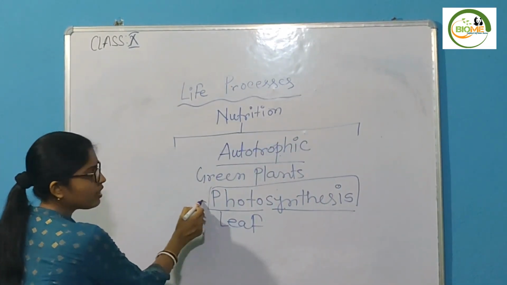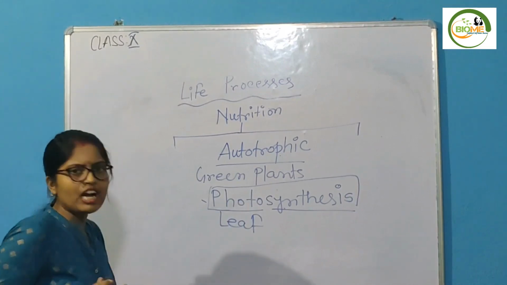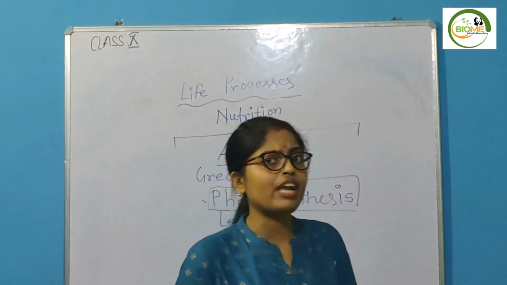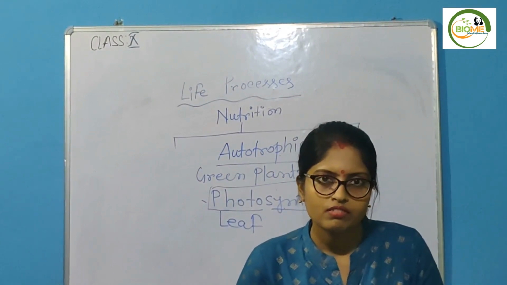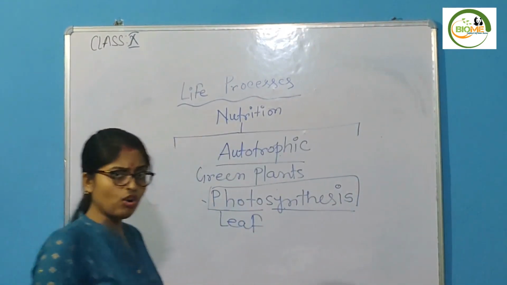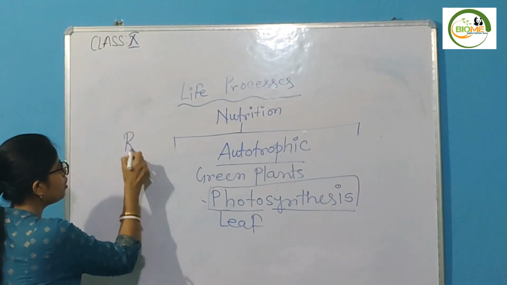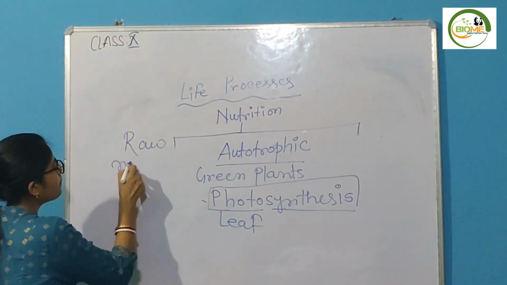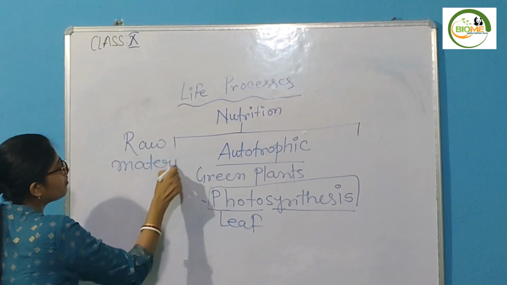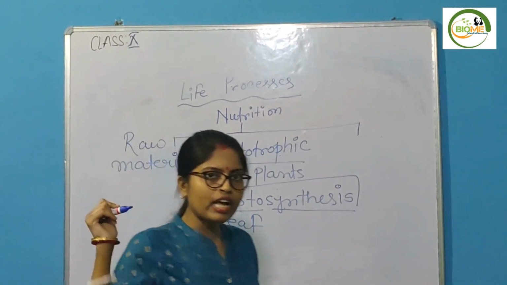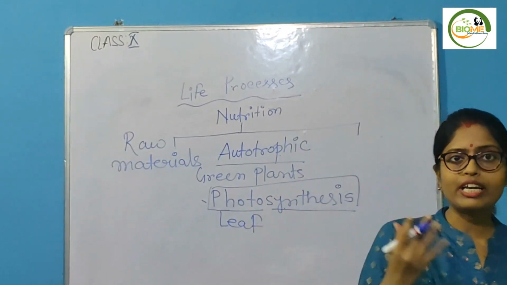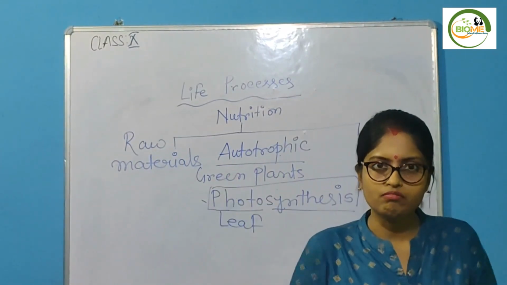First of all, in photosynthesis, to start some reaction or procedure, we need some material. This material is known as raw materials. With the help of these raw materials, we get the bigger outcome.